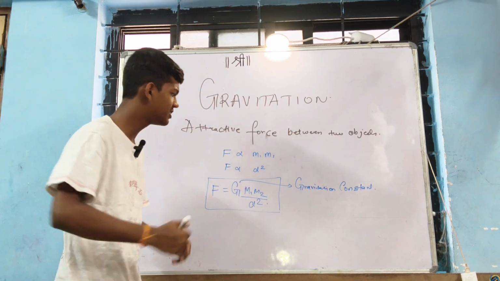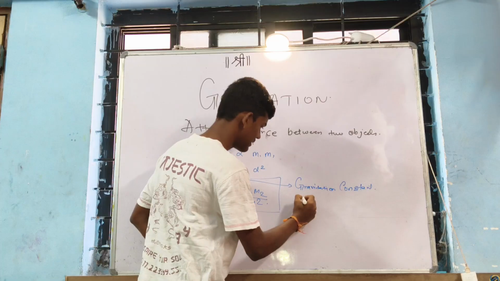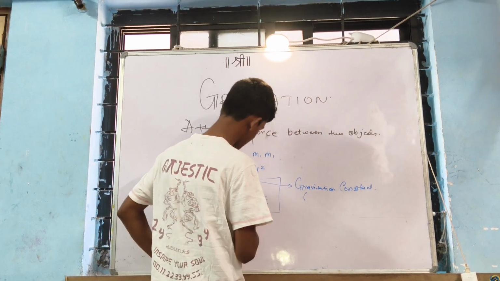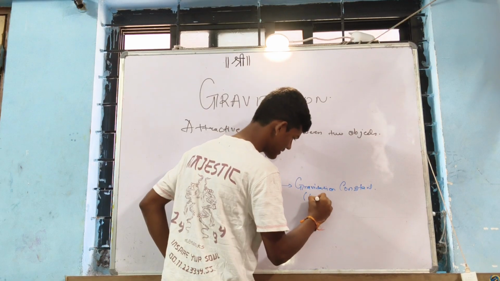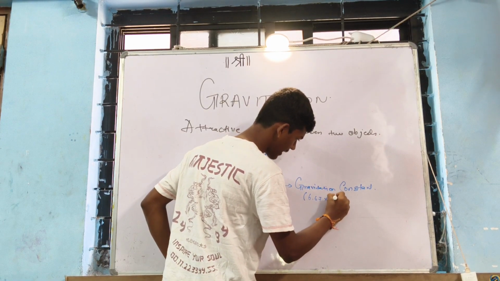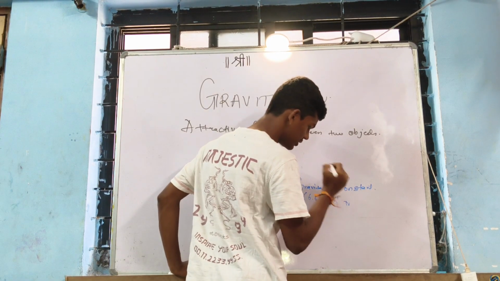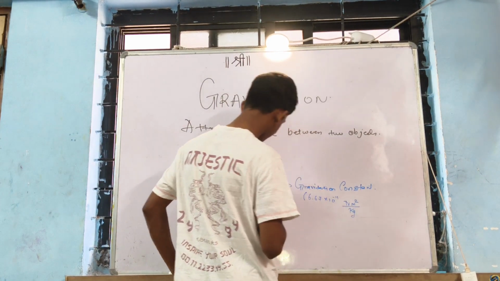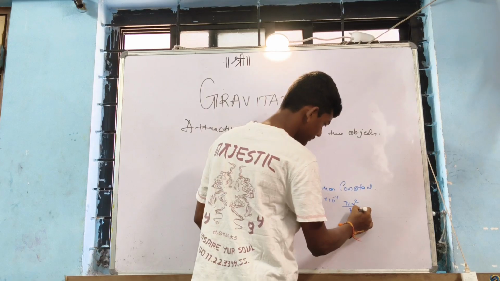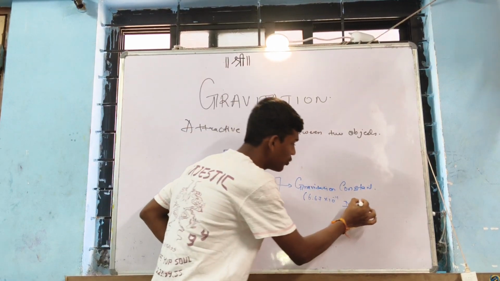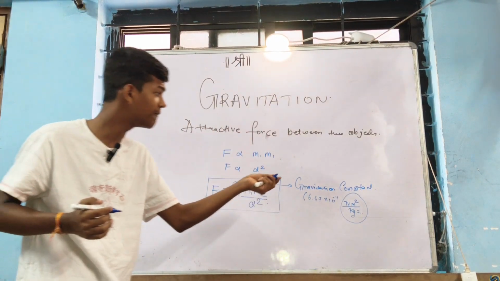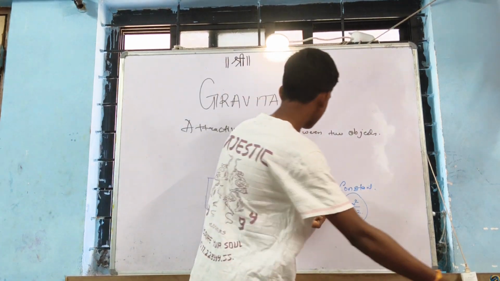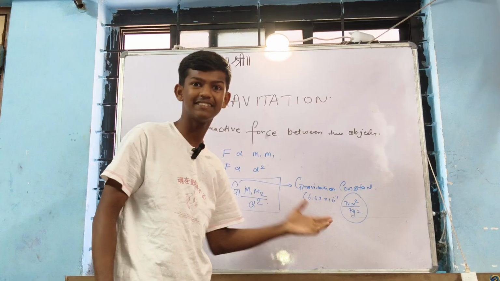The value of G is 6.67 into 10 raised to power minus 11 Newton meter square per kilogram square. This is the SI unit of the gravitational constant, and this is the value.